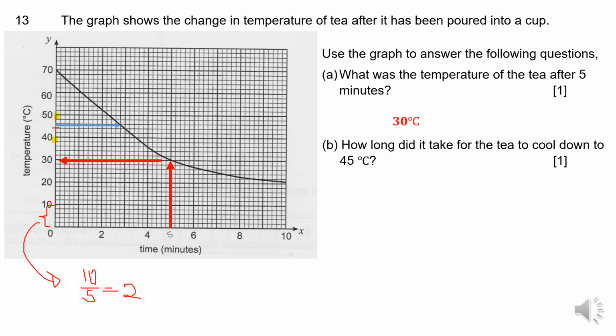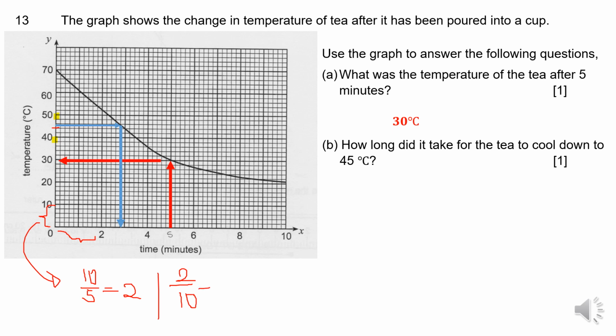Can you see what I do? I go across and then I go down and then I read. Here you have to be a little bit on the lookout. What is the scale here? That scale is 2 minutes divided by 10, because there are 10 little squares there.